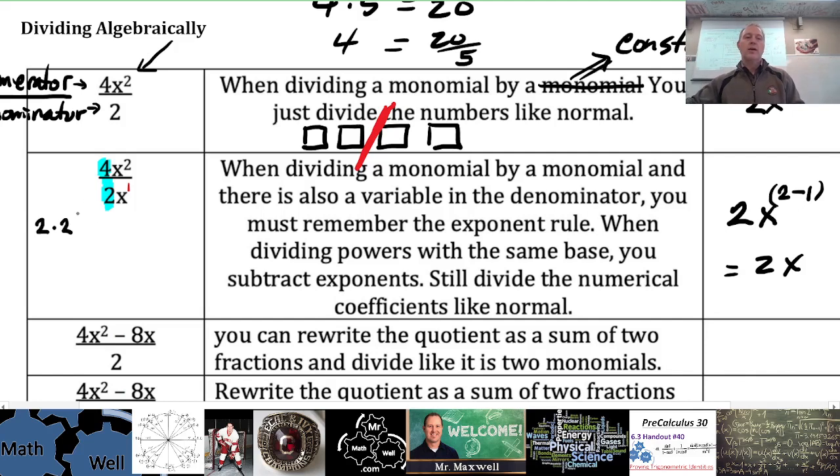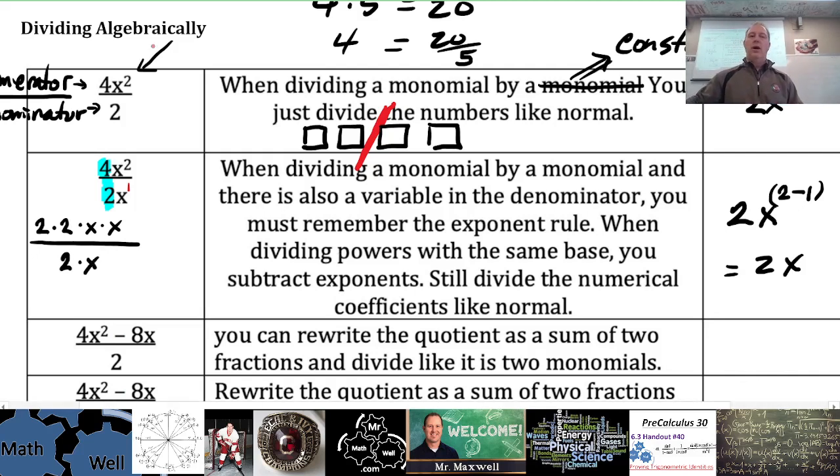So 4, broken down as much as you can, is 2 times 2, and then times x times x. That's the fully expanded version of the monomial on top. The fully expanded version of the monomial on the bottom is simply 2 times x.